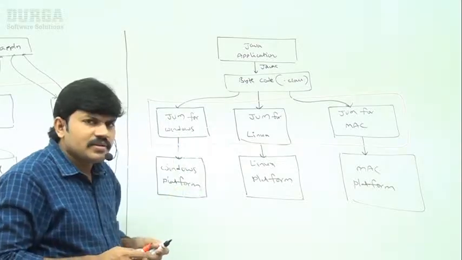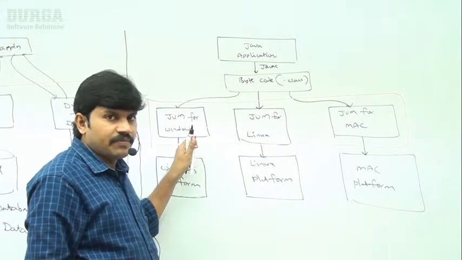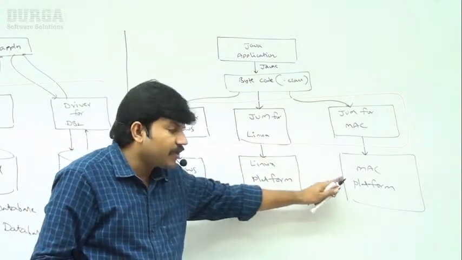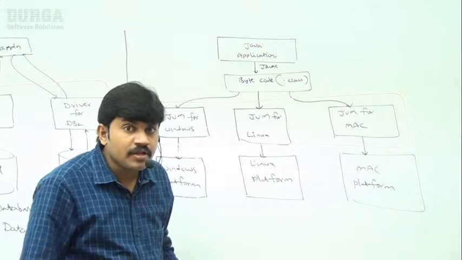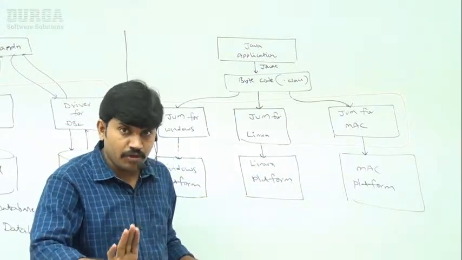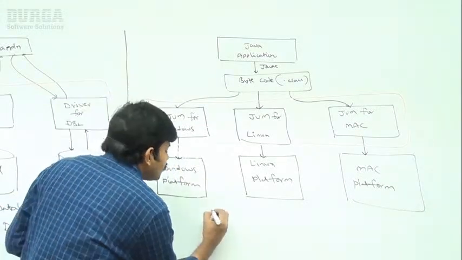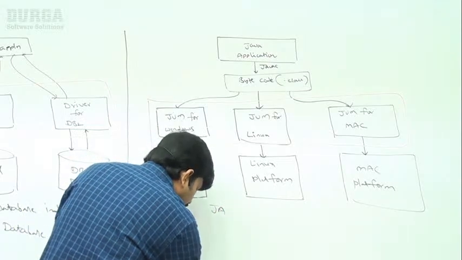But is JVM platform dependent or not? Yes. For Windows, a separate JVM. For Linux, another JVM. For Mac, another JVM is required. That's why separate JVMs are required for these machines. I hope everyone can understand it.